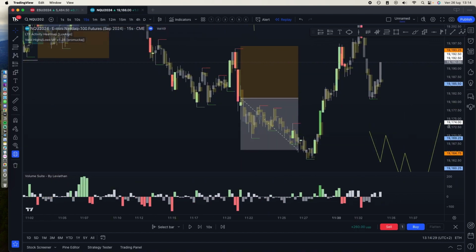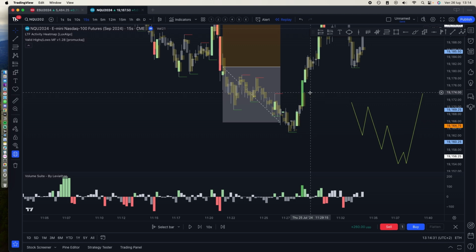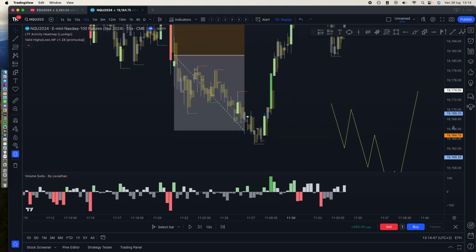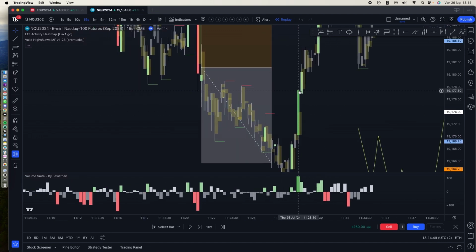So what we can do here, when the yellow zone is far from our entry, we can choose to enter anyway once we close. To be honest, this is a very good entry because there is no wick here.